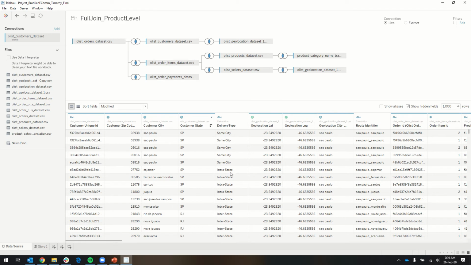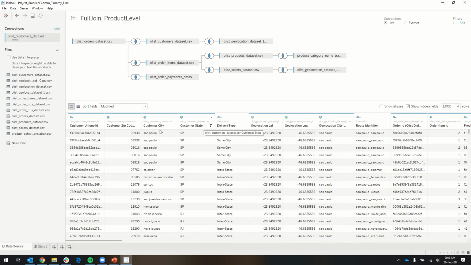Generally speaking, there are a couple of calculated fields that I have, which I think I've detailed within the report itself. One interesting one is the delivery type, which divides deliveries into within the same city, like Sao Paulo to Sao Paulo, or within the state of Sao Paulo.